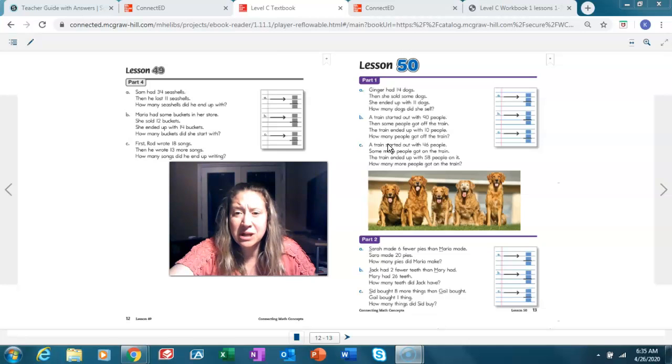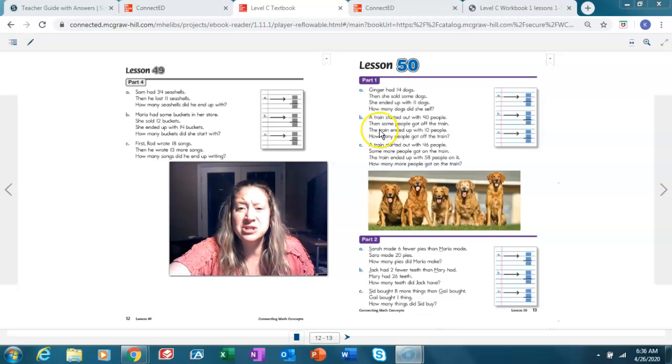How many people got off the train? We first have to identify the action sentence that tells what happened for the train to get more or less. Can everyone touch that sentence? You should be touching sentence 2. Then some people got off the train.